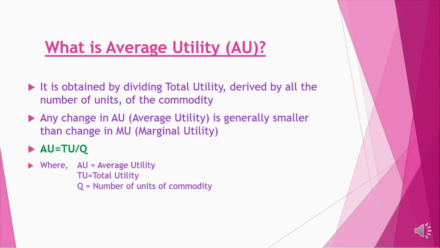This is because the additional change caused by MU to TU is averaged out or spread over all the other units. AU is equal to TU by Q is the formula to calculate average utility, as we calculate the average of any other number in maths. Similarly, here also we will calculate average utility. First we will sum up all the utilities, that is, we will calculate total utility TU, and then we will divide by the number of units of the commodity Q. We will get average utility.